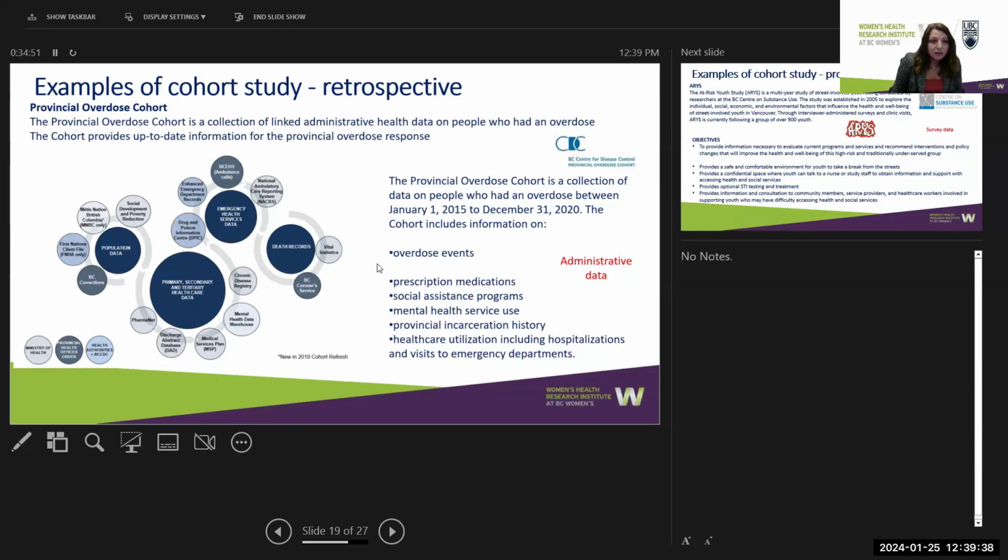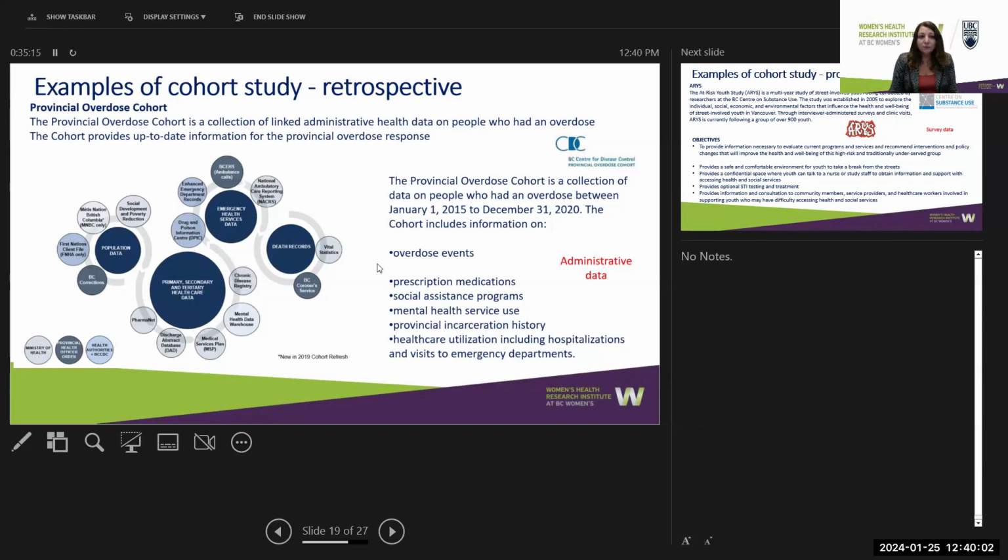On the left in the picture, I don't know if you can see, is all the administrative data we had. We had the First Nations client file to identify patients for FNHA. We have data from the ministry of social development and poverty reduction, and data on jail from BC Corrections.